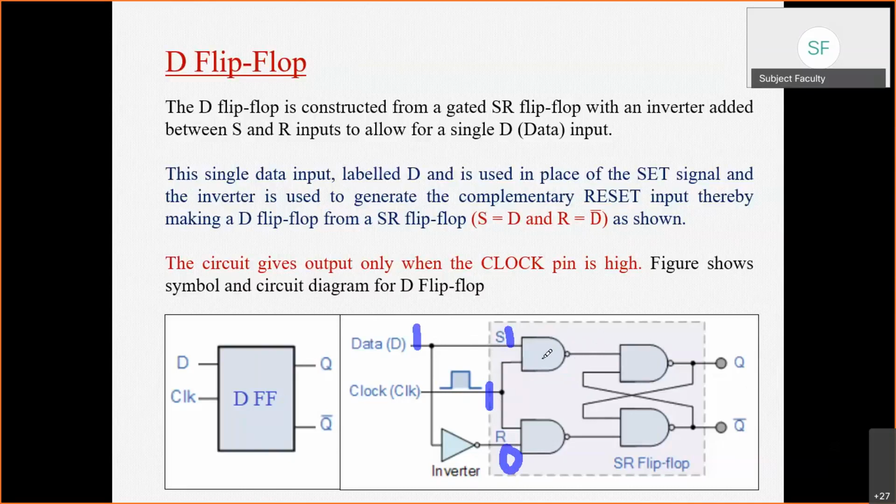Now for this NAND gate, what are the inputs? 1, 1. Two inputs are there, both are high. So the value of the output of this particular NAND will be 0. Similarly, when one of the inputs to this NAND is 0, the output will be 1. Same concept I am again using here. When one of the inputs to this NAND is 0, you can write the output as 1.